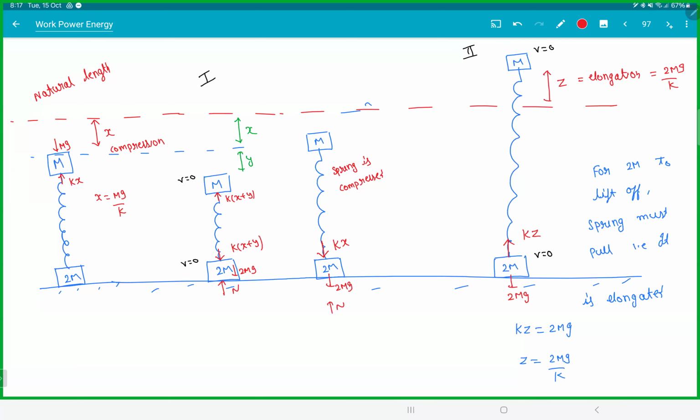There is no force to pull you up. The only time the 2m will go up is when the force is upward. This will come to natural length. It won't stop. It will have velocity. It will still go up and it will stretch. This is your state 2. Please check the diagram. This is what happens from starting to end. All got this? Any doubts in understanding? Pratik?